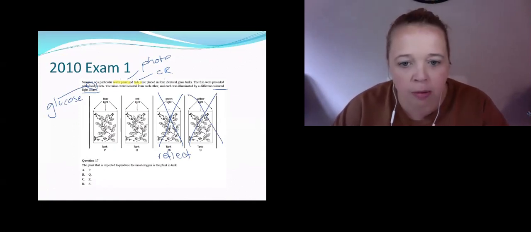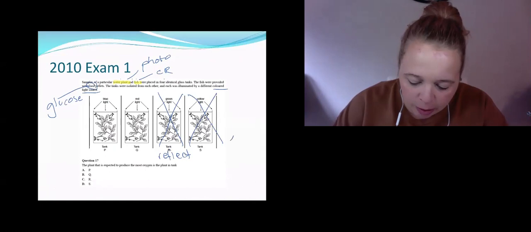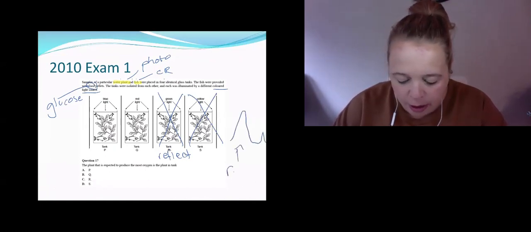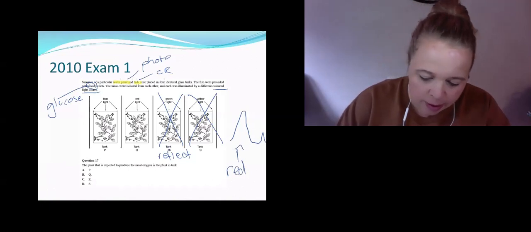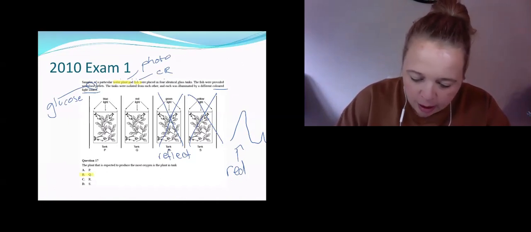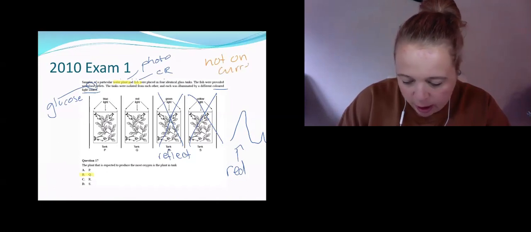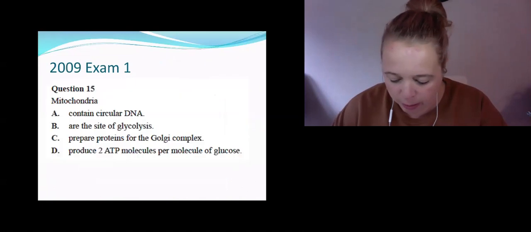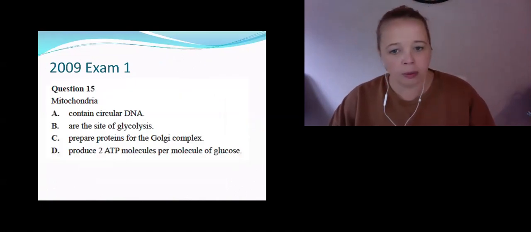So now I'm down between red and blue. If I look at my chlorophyll absorption spectrum, it looks a bit like this. This is the section that is red. So the one with the most oxygen in the tank is going to be Q. It is important that it's not on the current study design, but I like to go through some of these questions because they're nice for you to work through as puzzles. Last one, give it a pause.